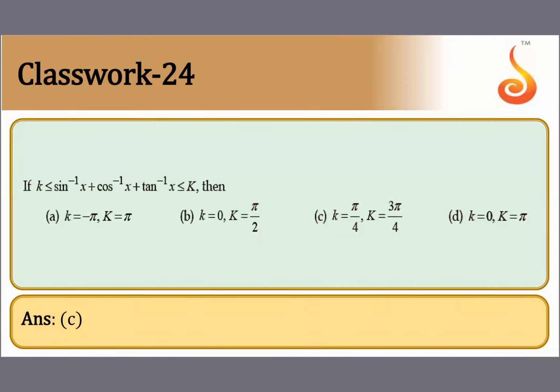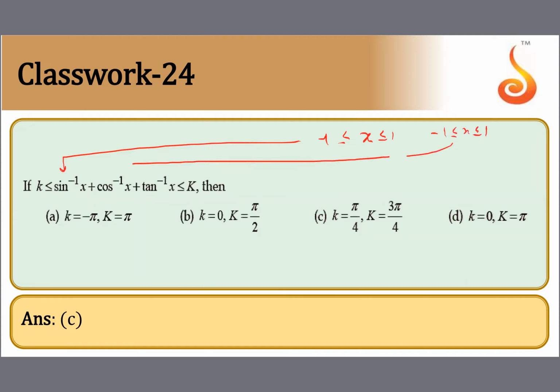In the case of sine inverse x, x lies between -1 to +1, that is, -1 is less than x is less than 1. The same for cos inverse x, and for tan inverse x it lies between minus infinity to plus infinity. But if we take the intersection, we get x lies between minus 1 to plus 1.